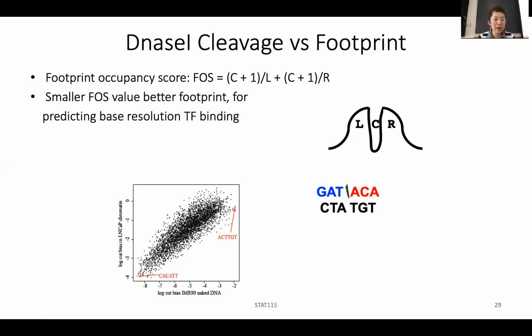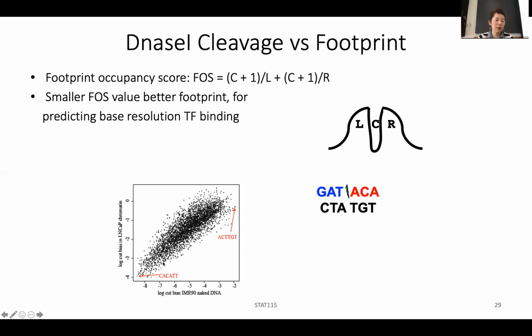But one thing we need to be very careful about is that DNase actually has cutting bias. So we look at these properties even with naked DNA, which doesn't have chromatin. There's no nucleosome, there's no chromatin, it's just double-stranded DNA. You use the DNase to make the cut.